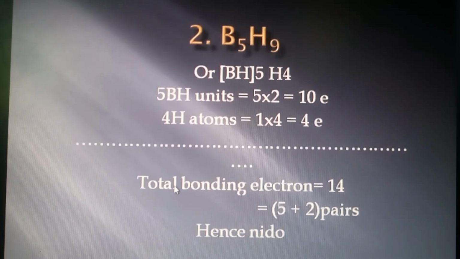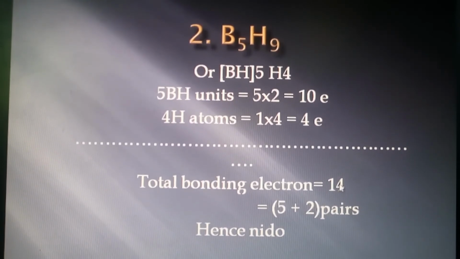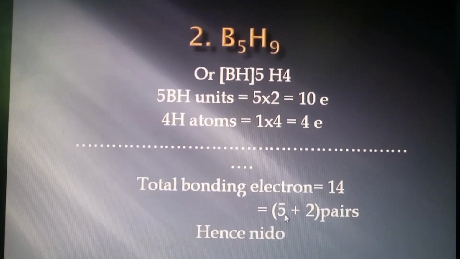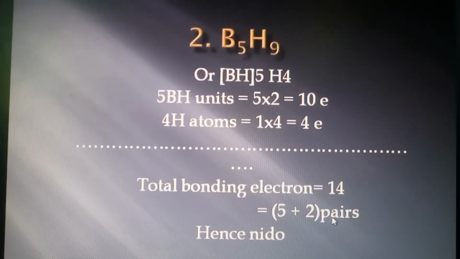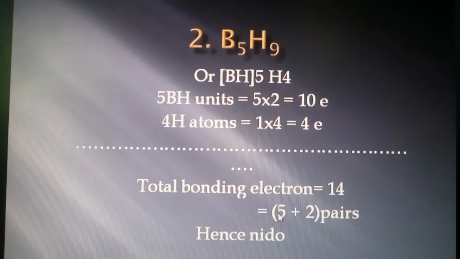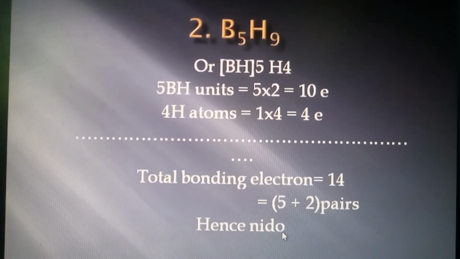Thus the total number of bonding electrons here equals 14. Now this 14 electrons can be represented as 5 plus 2 pairs, that is n plus 2 pairs. Here n means 5, the number of boron atoms. Hence the structure will be nido.